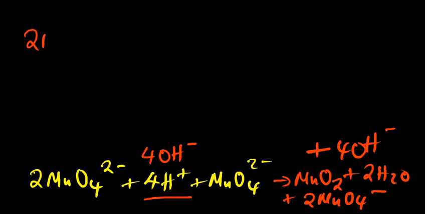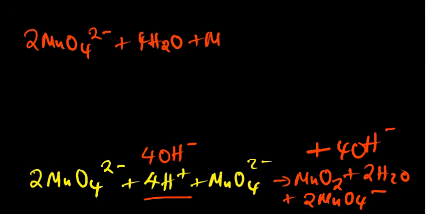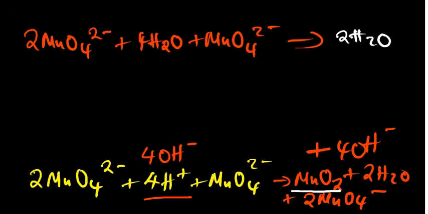So I have 2 MnO4 2 minus plus 4 water molecules plus our MnO4 2 minus. Okay, that was our reactants on our left hand side. And then on our product side, you realize that we add 2 water molecules, which I'm going to indicate, and then we've now also introduced our 4 hydroxide ions, so plus 4 hydroxide ions.